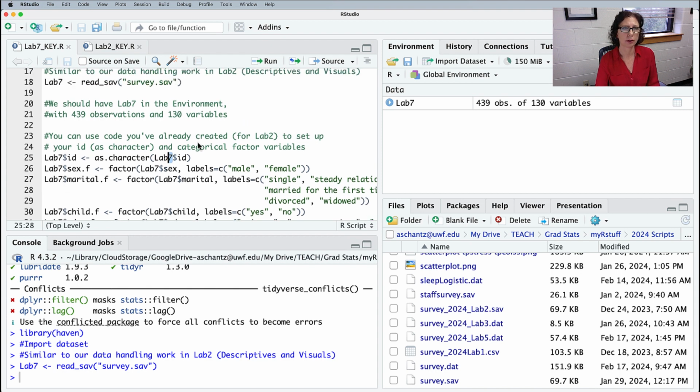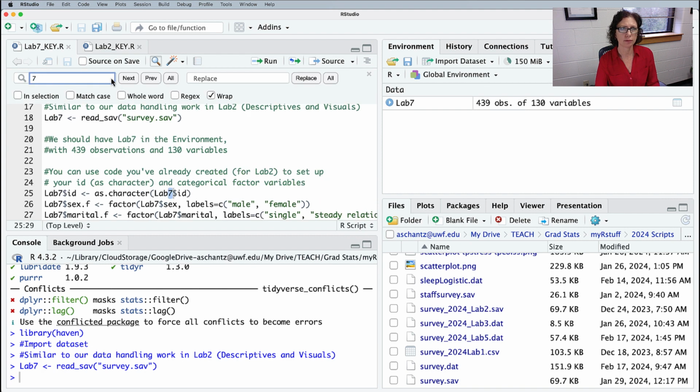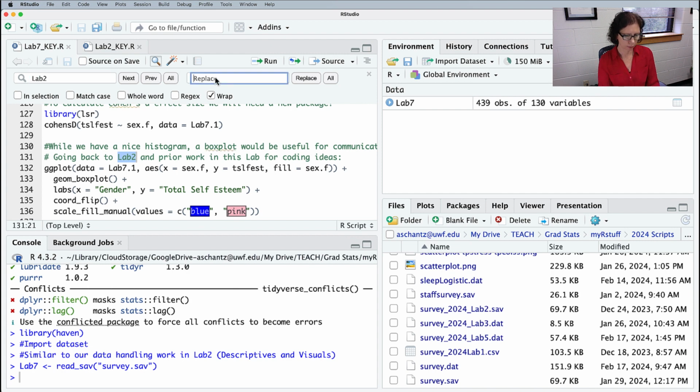Easy to do because you can do a Control F, which gives you this little add-on area in the top, and do a find replace. All the Lab 2s, turn them to Lab 7, and then that would replace all of those. So I'm not going to do it now because I already did it before.